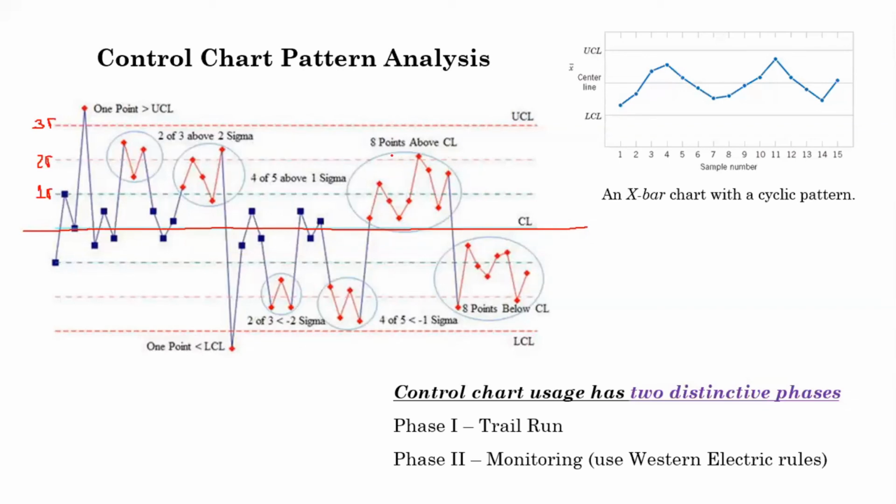So 9 of the points are above the center line consecutively. So this is not normal. The same applies for points below the center line. So these situations, like this one, are considered to be out of control in a monitoring phase.